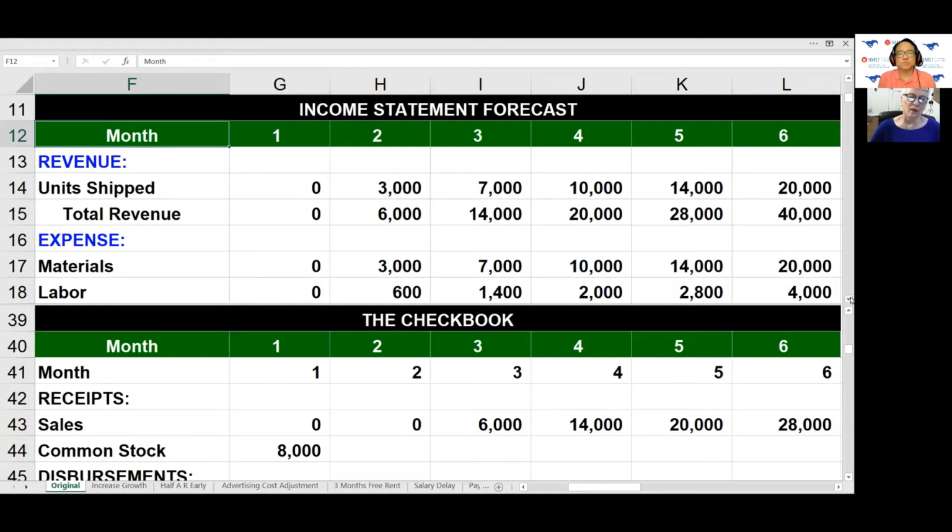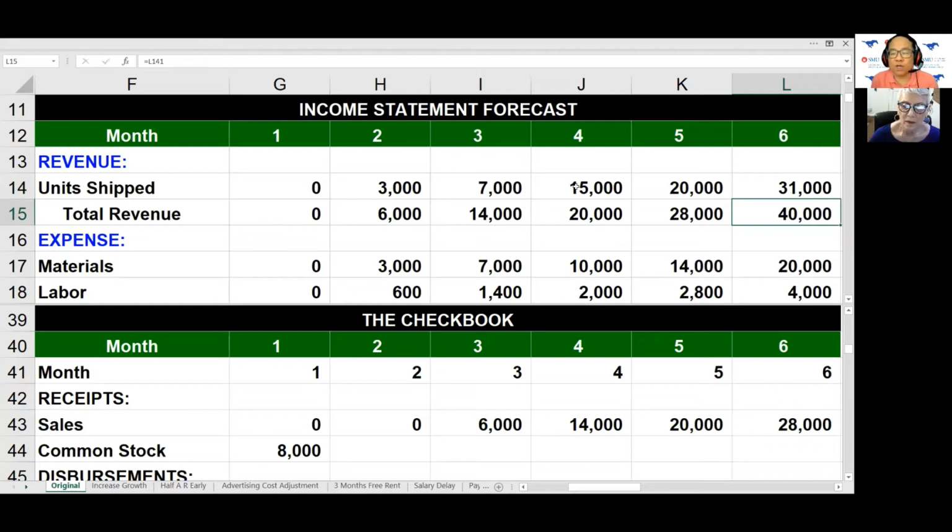So if we're going to look at growing our sales, our ad man Eon thinks that if he just repositions some of the advertising without increasing the advertising budget, he might be able to help us increase our units shipped to 15,000 in month 4, 20,000 in month 5, and 31,000 in month 6.